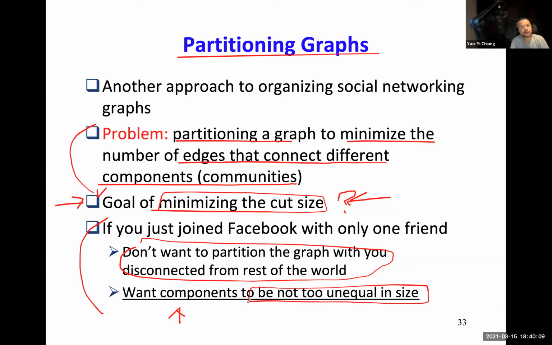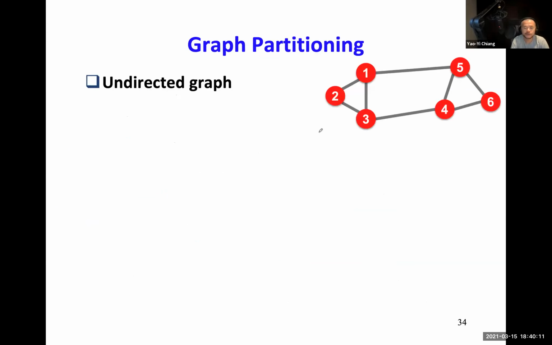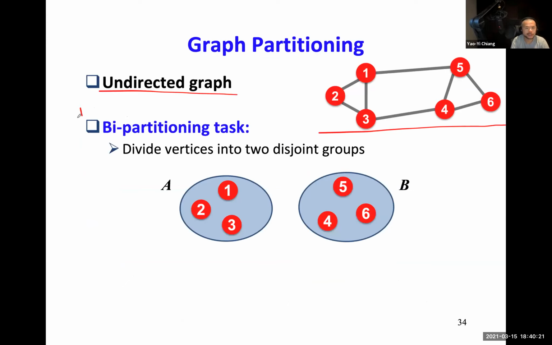For example, if we look at this graph, we're going to use this graph many times. We are also looking at an undirected graph, and we are going to focus on bipartitioning tasks. That means we are going to divide the entire network into two groups. And in this case, we can cut here, and you have group 1 or cluster 1 or community 1 and group 2.